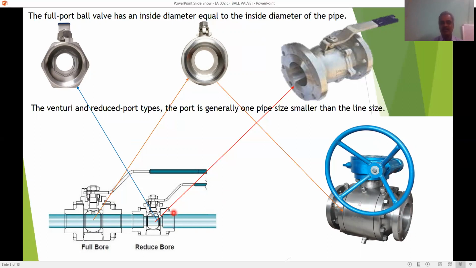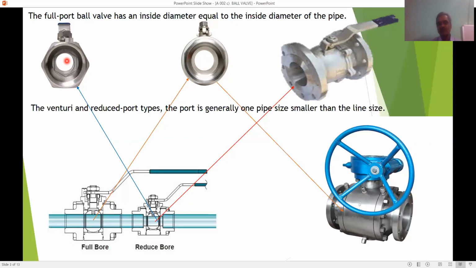On the other hand, you can see this reducing bore ball valve or reduced port Venturi type ball valve. See this upstream is looking bigger and downstream is looking smaller, because it is normally 1 inch less than the nominal diameter, inside diameter.